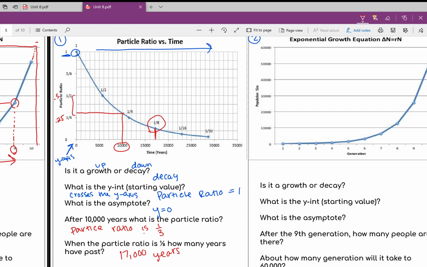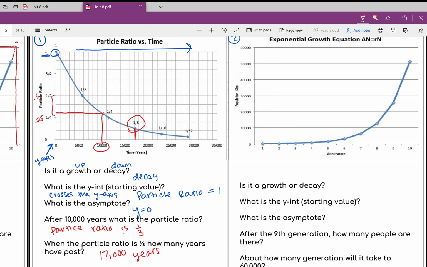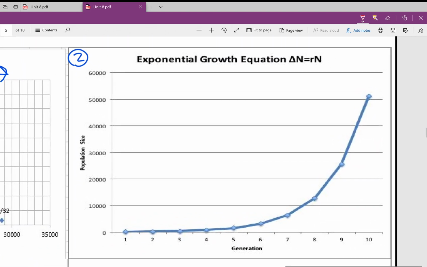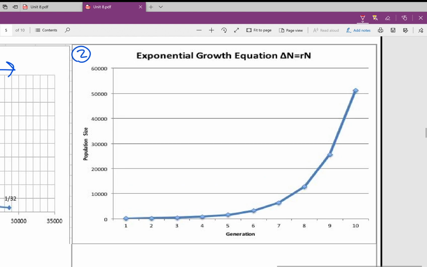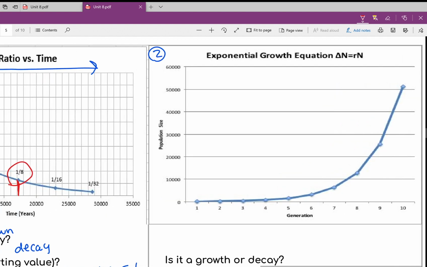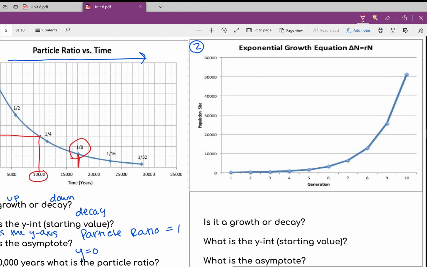Okay, let's look at number 2. See if I can zoom in. Number 2 is talking about population size versus the generation. Let's see what it says first. First it says, is it a growth or a decay?